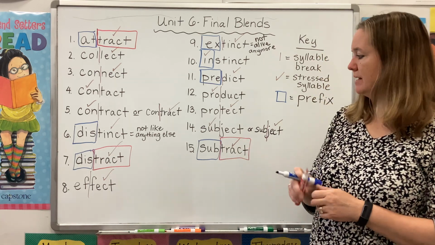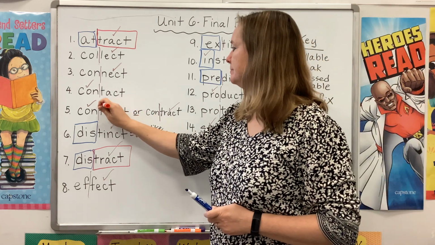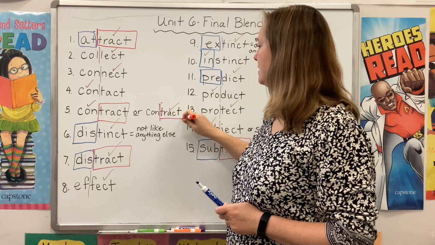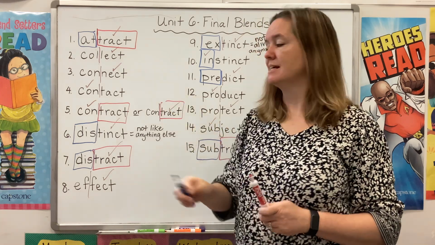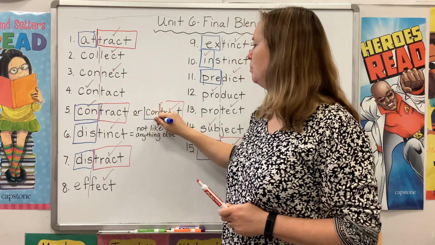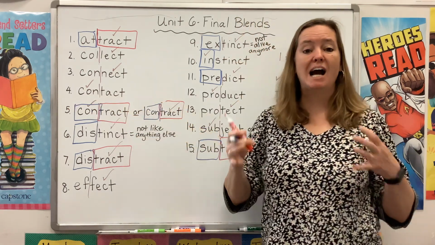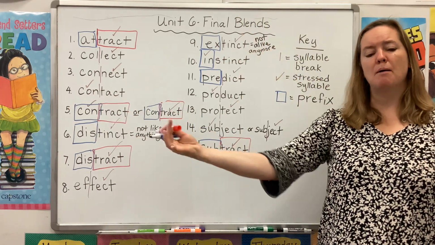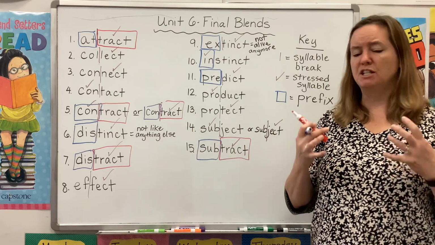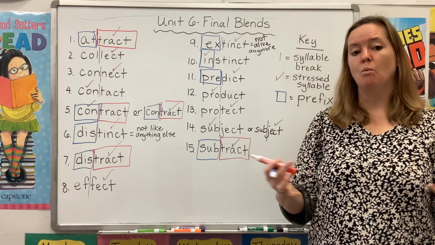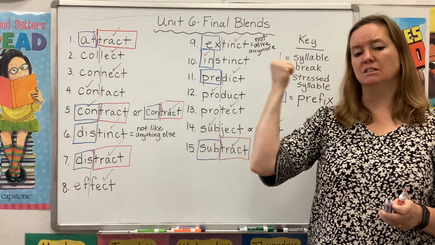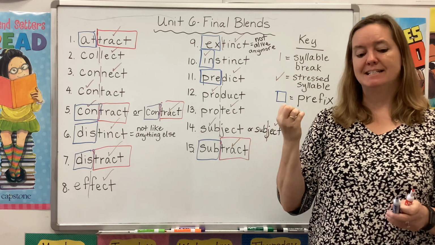One more that I missed is right here. Contract and contraction. The prefix con means with. So a contract is a piece of paper that pulls people together, right? It's proof that they're going to work with each other. When you contract your muscle, you're pulling it together.